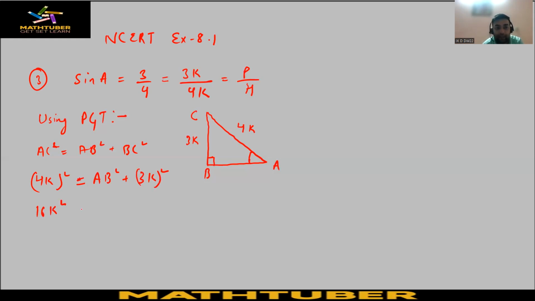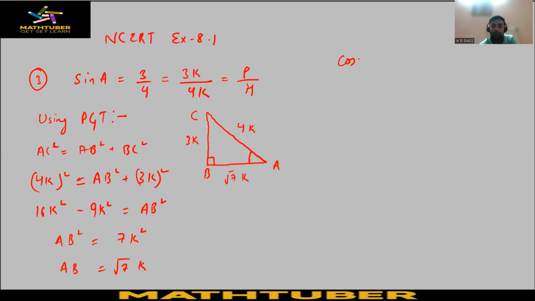That is 16K square minus 9K square is equal to AB square. So AB square will be equal to 7K square and AB will be equal to root 7K. So you have got the value of base as root 7K.